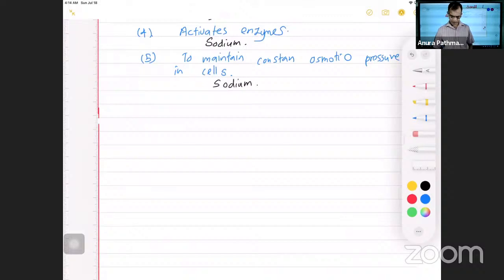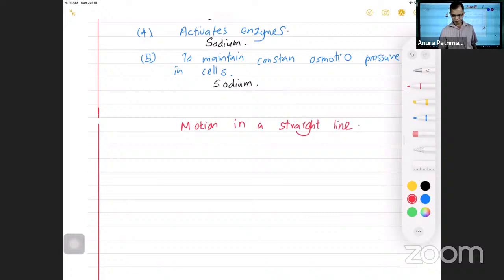This is the second unit, motion in a straight line or path. Today is 7th, 18, 20, 21.